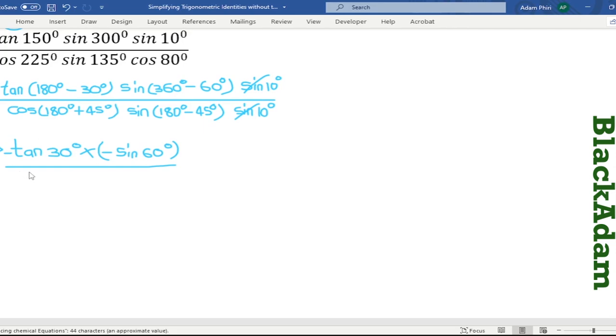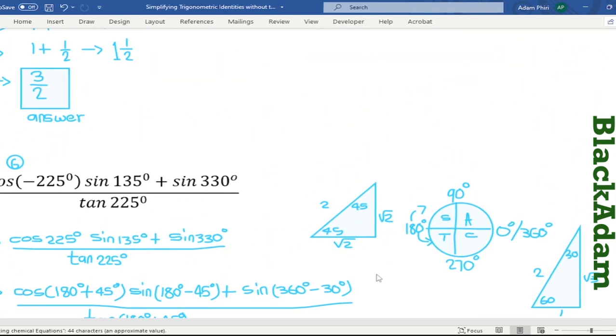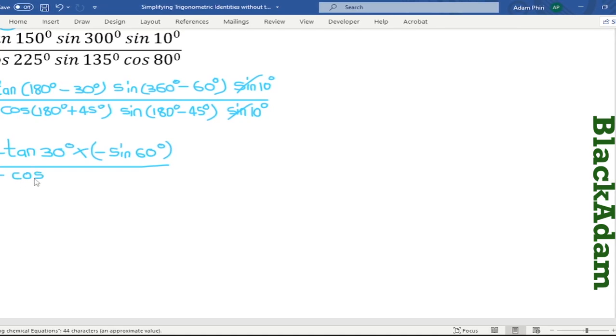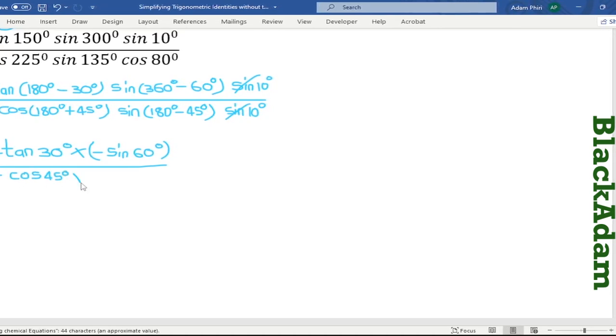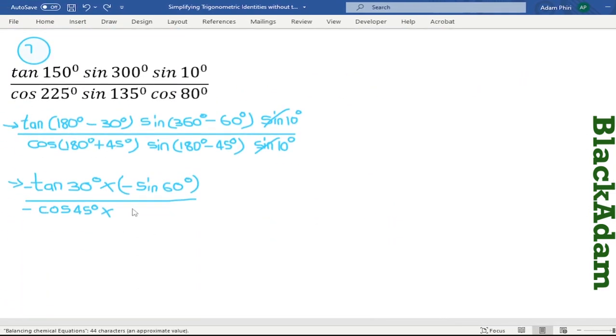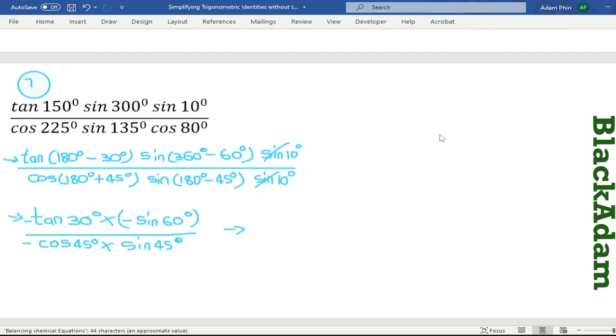And then we have over cos. Look at cos there. We see that cos of 180 plus is negative cos 45 degrees, multiplied by, we have 180 minus there for sin, that is positive sin 45 degrees. And that gives us, we use special angles.